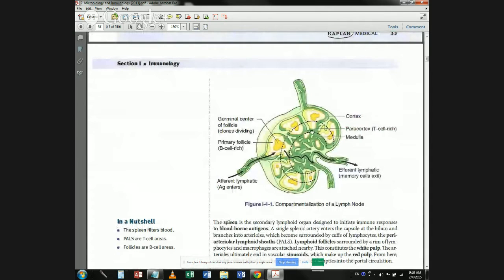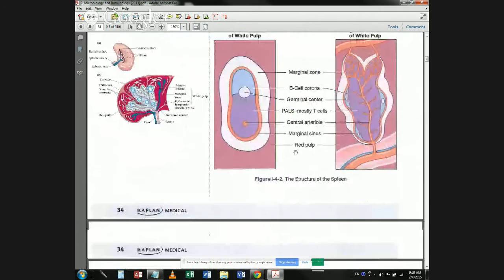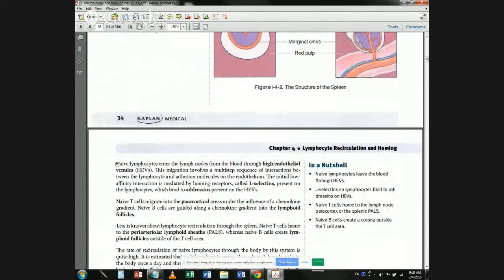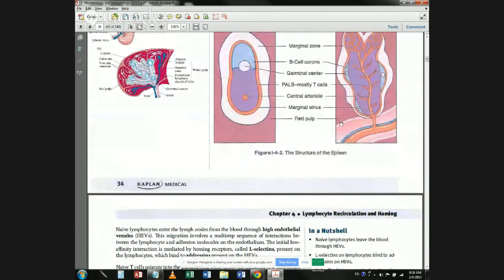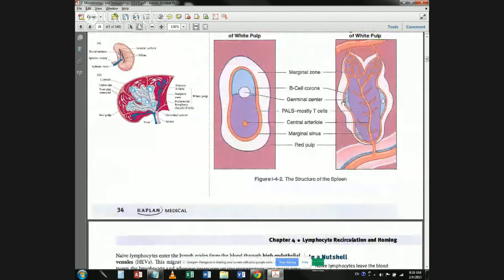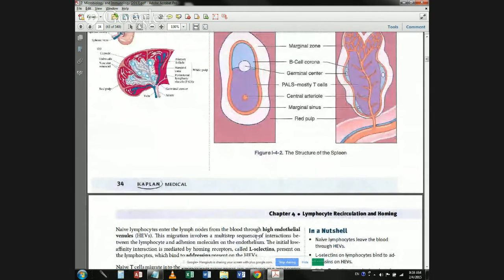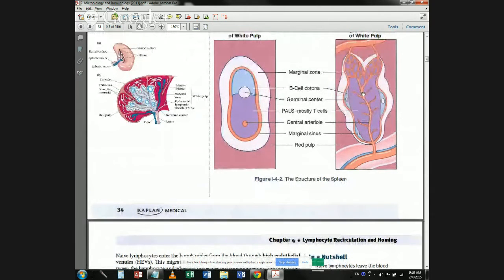Why don't we just call it afferent lymphatic? Well, no, we're not talking about that, right? We're talking about naive lymphocytes entering the lymph nodes from the blood, not tissues or lymph. So we're talking about the splenic artery and past the splenic into the arterial and from arterial to the central arterioles, breaking it down further, I think. Through high endothelial venules. Venules, so they become really thin like that, maybe. That's probably it.